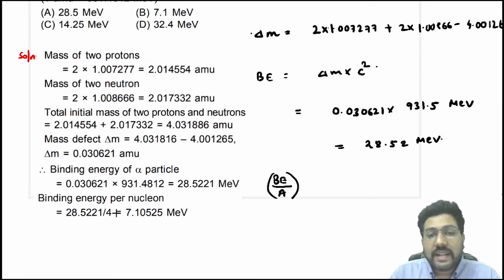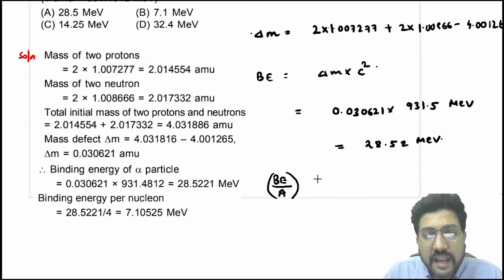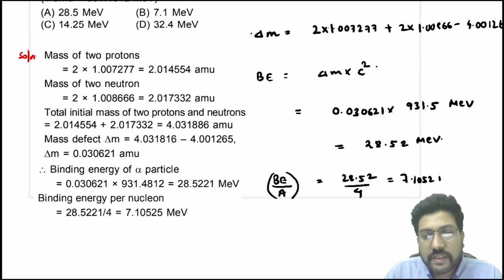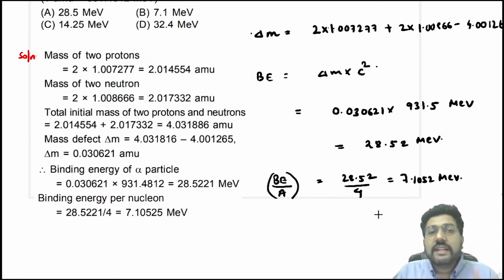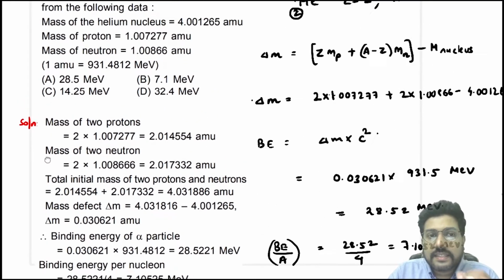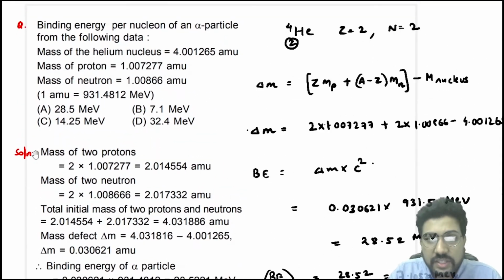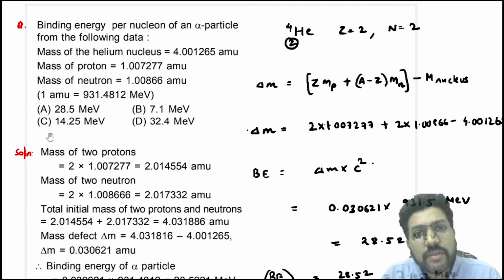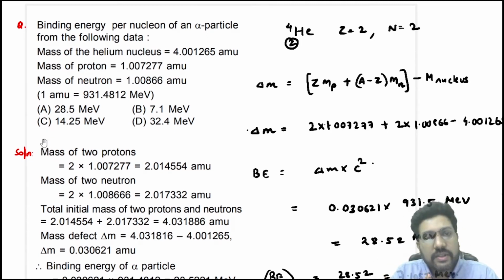Okay, so binding energy per nucleon for helium is 28.52 divided by 4, and that will come out to be 7.10525. So this is the binding energy per nucleon of helium nucleus. So the stability is decided not by the binding energy but by the binding energy per nucleon. For one nucleon, if there is more binding energy, then you will say that nucleus is more stable.